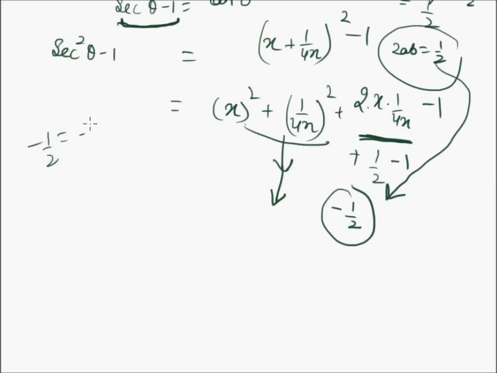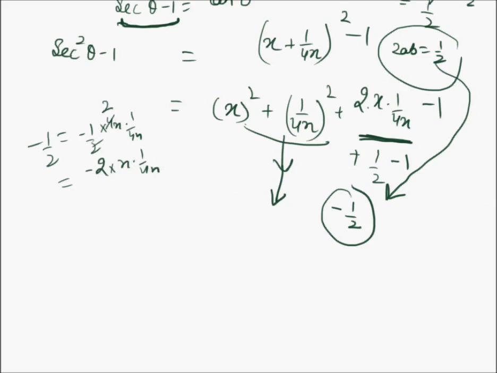It can be written as 1 by 2 into 4x, so it becomes minus 2 into x into 1 by 4x.